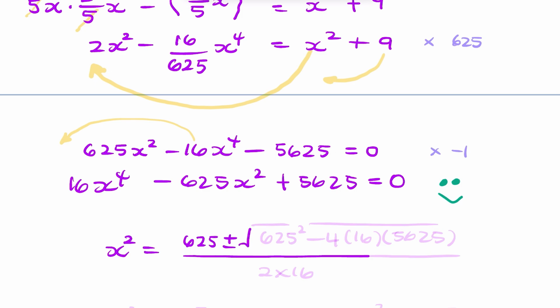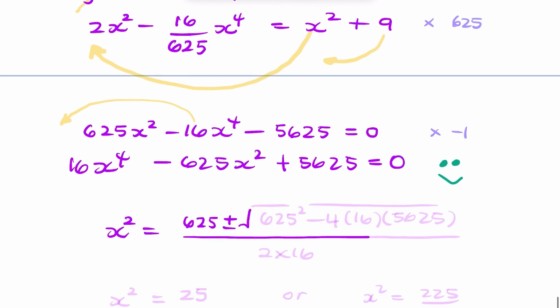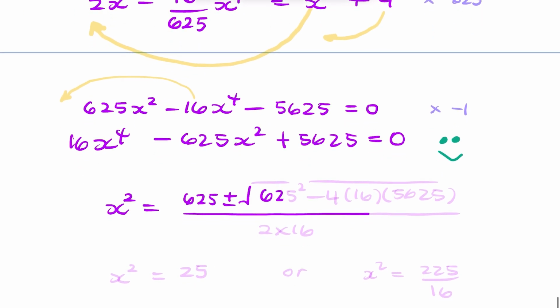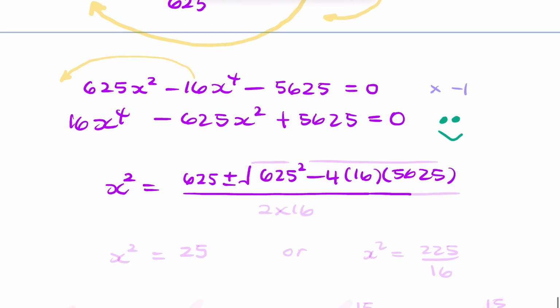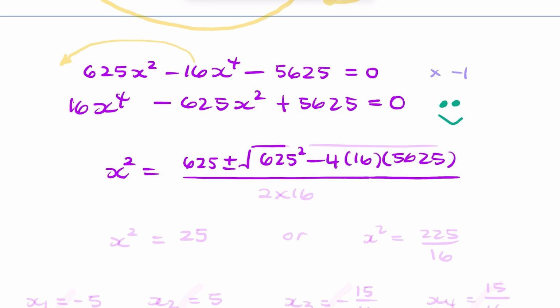You can probably factorize it, but I'm just going to go ahead and use the formula. So negative b plus minus square root of b squared minus 4 times 16 times 5625, divided by 2 times 16.